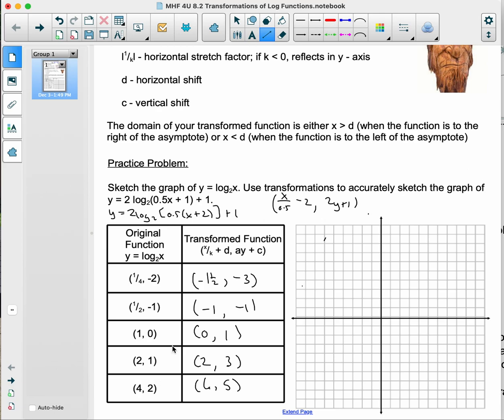I got the table of values by just flipping the points on y equals 2 to the x. That's not something new to learn. Just take the inverse of the table you already know.